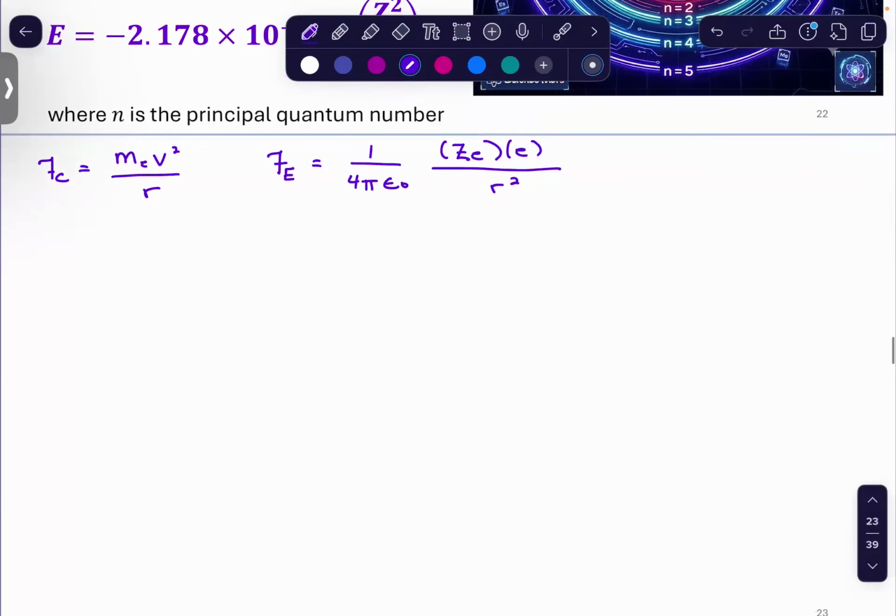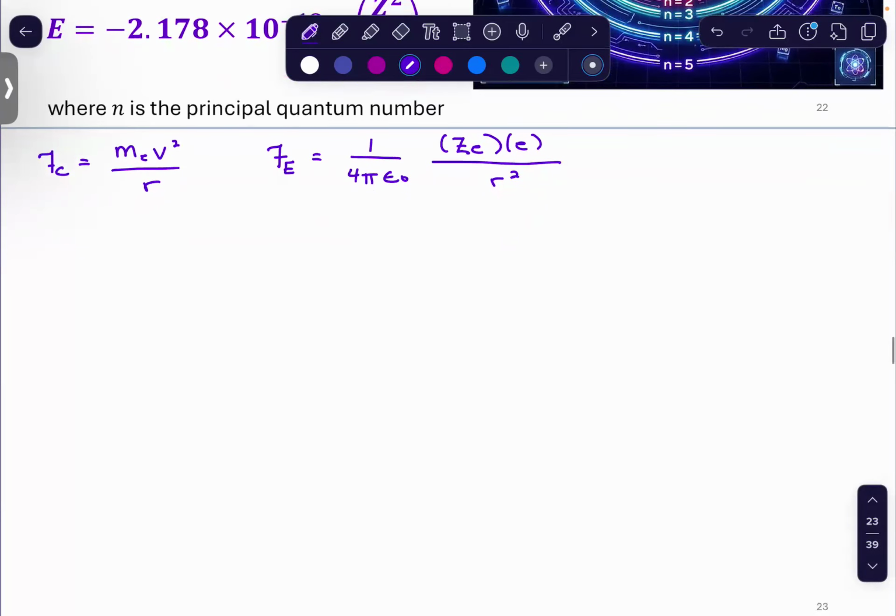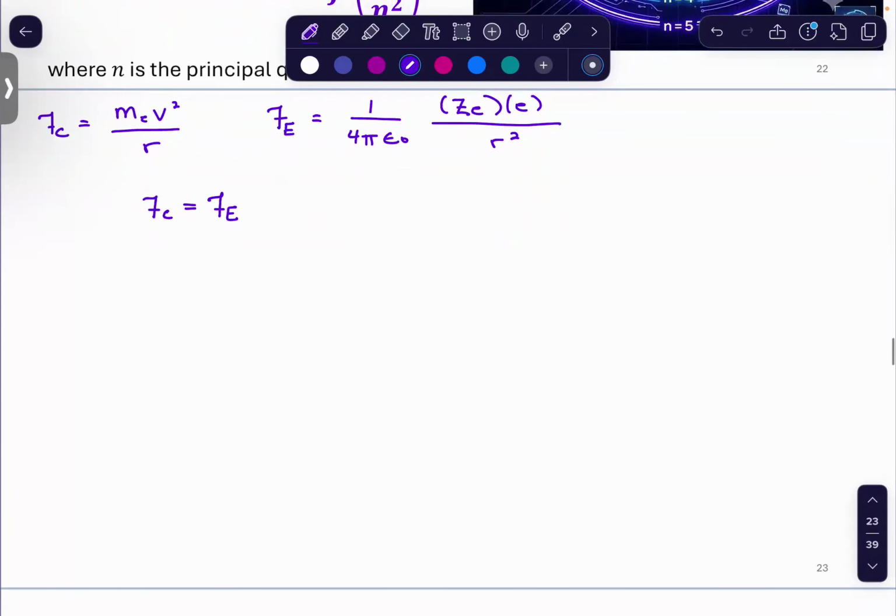Now, the centripetal force is the electric force. That's what's keeping the electrons moving in that circle. So then we can say, well, m_e v squared over r is going to be Z e squared over 4 pi epsilon 0 r squared.